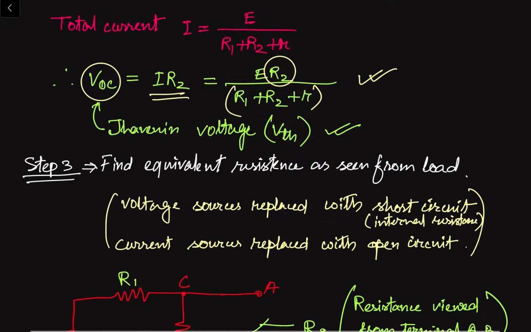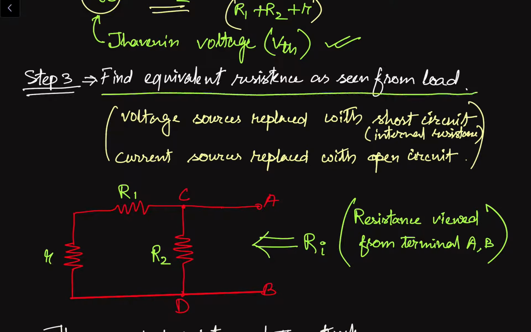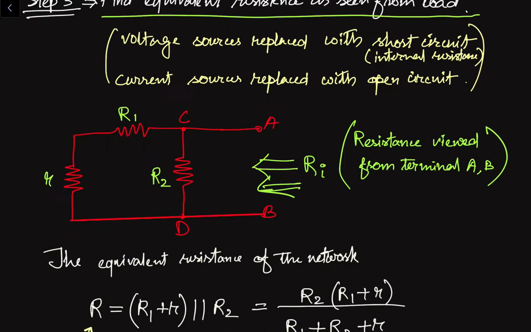In the third step, we have to find out the equivalent resistance, or the Thevenin resistance. We have to find the equivalent resistance as seen from the load, and we have to reduce this circuit from left to right. Here we can see these 2 resistances are in series connection. So R1 plus R is in parallel with this resistance R2.